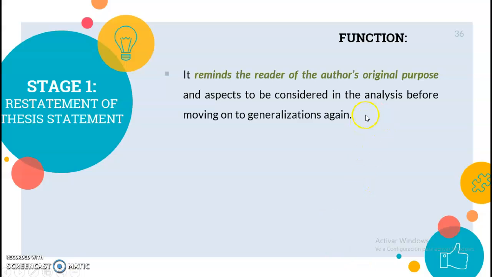So what we need to do here is to reread our thesis statement, yes, and remind the reader what has been analyzed. So you have to restate the thesis, but using different words.